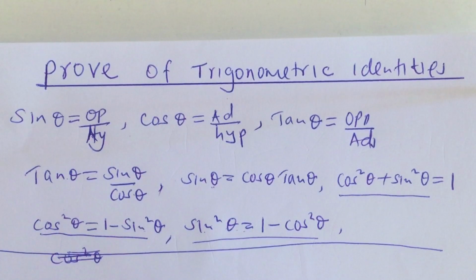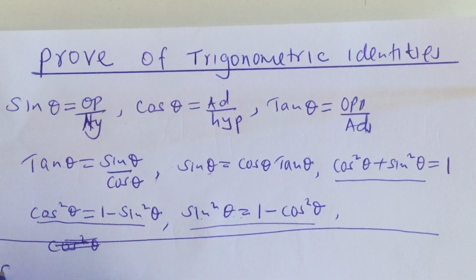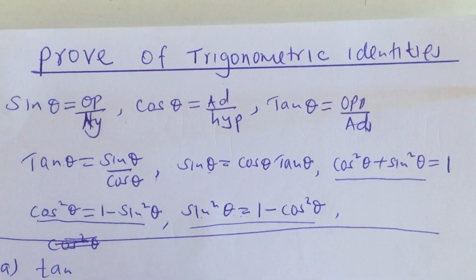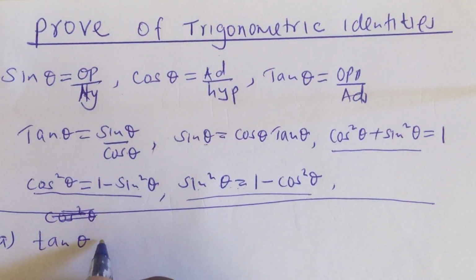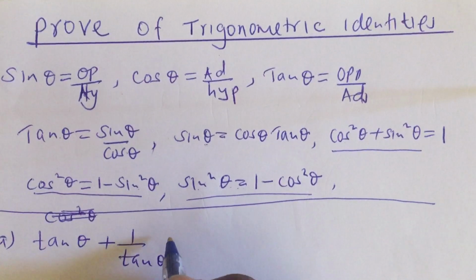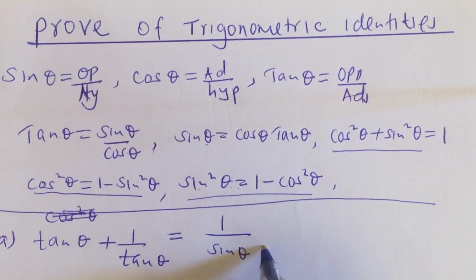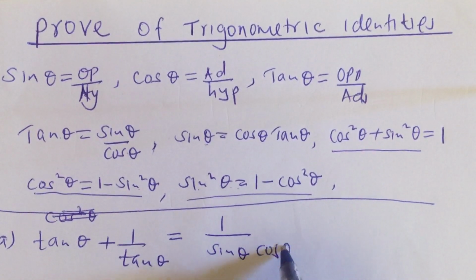The first one that I wanted us to try and prove is this one. You're given tan theta plus 1 over tan theta equals 1 over sine theta cos theta.